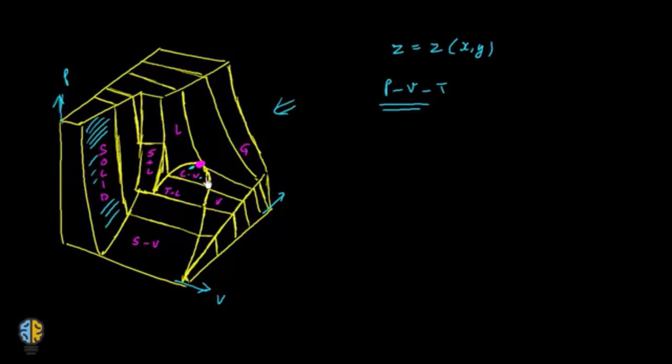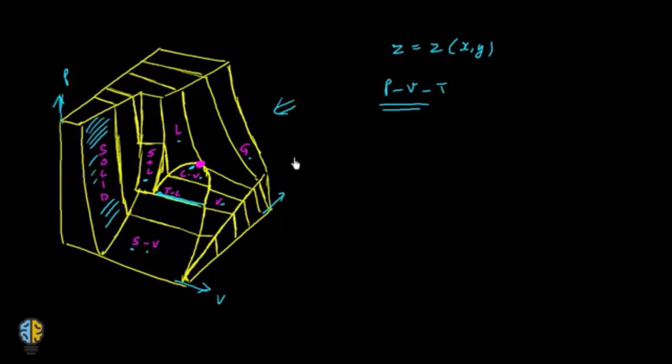This is the triple line. This is the vapor region. This is the solid plus vapor region, solid plus liquid region, the liquid region and the whole gaseous region. Now this is a very typical PVT surface of a substance, and that too for a substance that contracts on freezing.